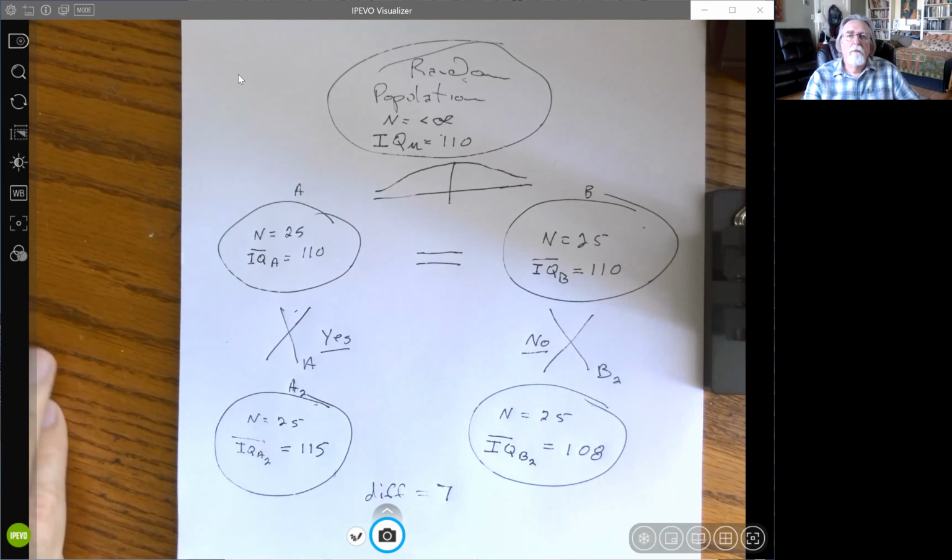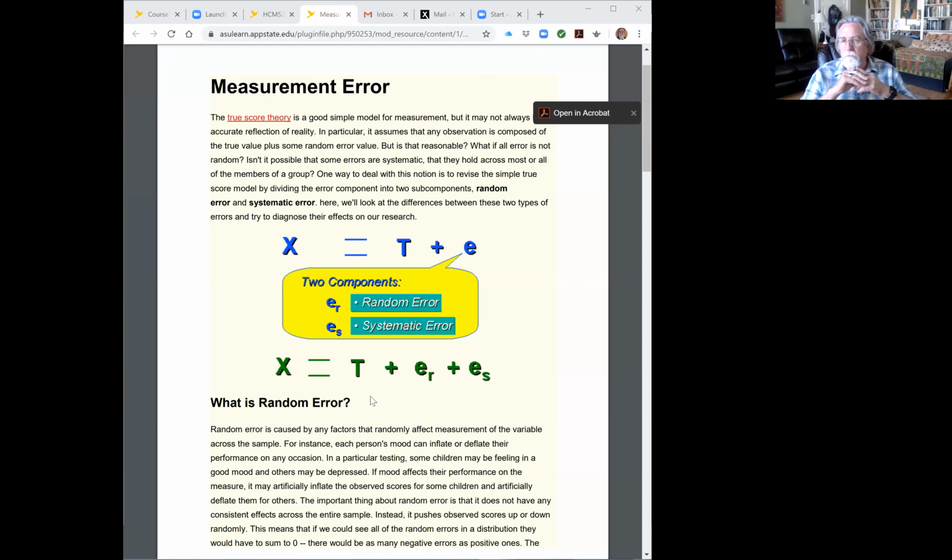And we're going to skip back over to another share for just a second, which was this notion of measurement error. Now, measurement error is composed of two components, random and systematic.